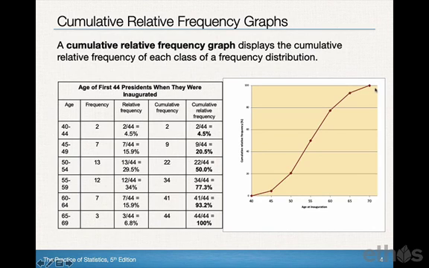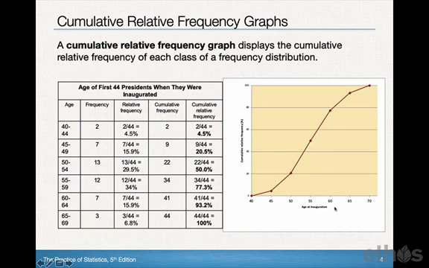This is not so hard to understand, but the problem students have is when they're given just the picture and not the chart, and they're asked a percentile question. You might be asked, if a president was inaugurated at age 60, what percentile is he?